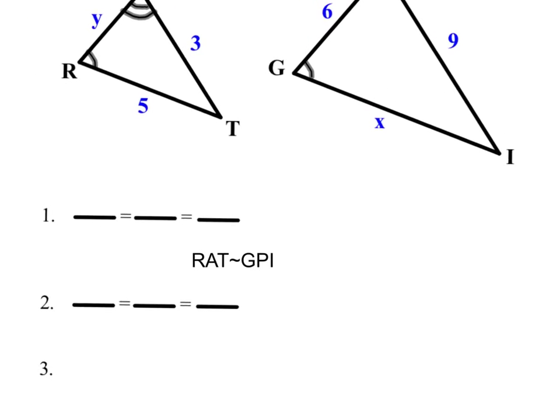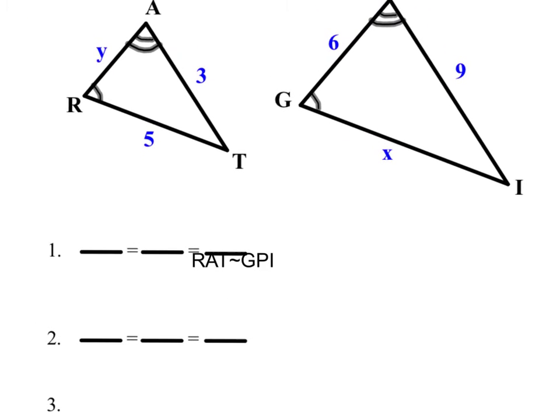I will zoom in a bit to make this a little easier. Relocate this. We have side RA, then side AT, and side RT.